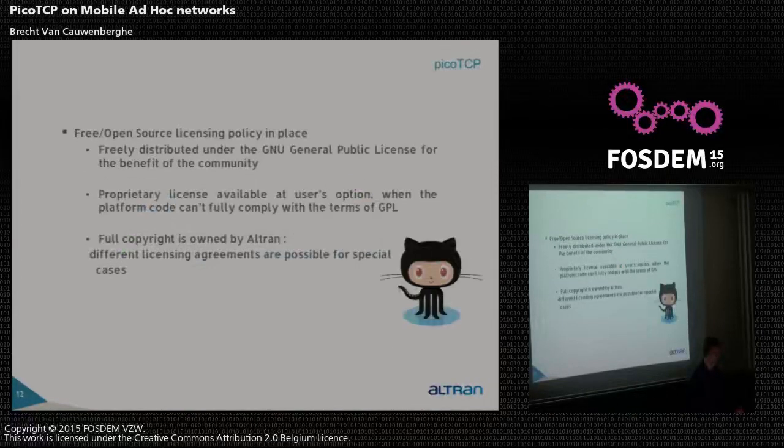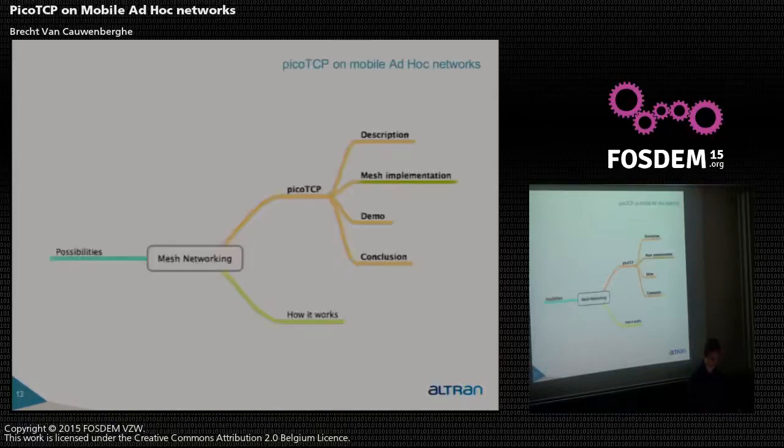The source is open and has a dual licensing policy, so you have the GPL version 2 and a proprietary one if you would like to have it for your company specifically, if you don't want to be stuck to the GPL parts.